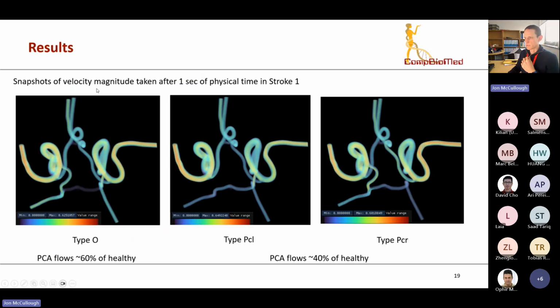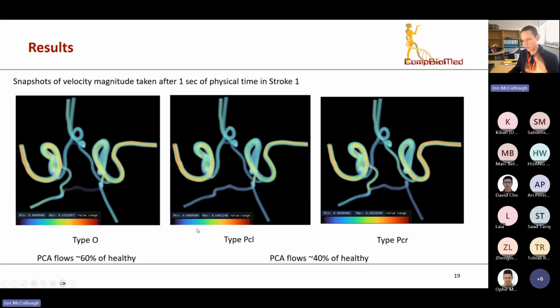Doing some visualization work, we have the healthy case, missing the vessel on the left, and missing the vessel on the right. In a healthy case, when you have a stroke, the flow in these vessels towards the tissue at the rear of the brain is about 60% of what it would be in a healthy non-stroke case. When one of these vessels is missing, this drops to about 40%.